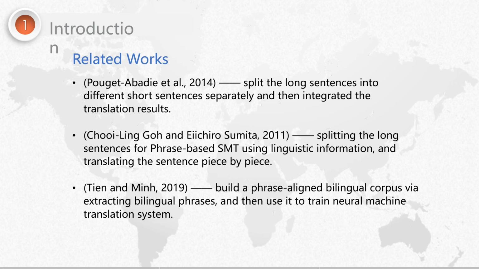One splits the long sentences into different short sentences separately, and another splits the long sentence for phrase-based statistical machine translation using linguistic information, and others build a phrase-aligned bilingual corpus where they extract the bilingual phrases.